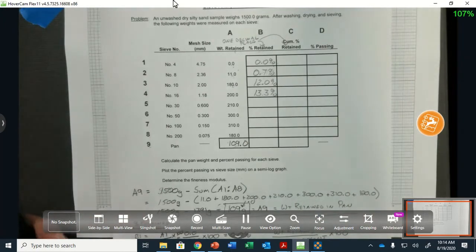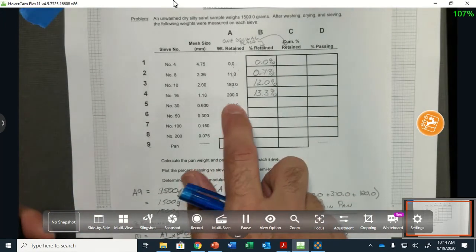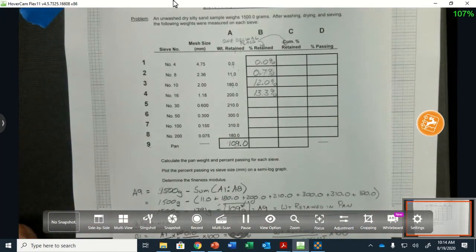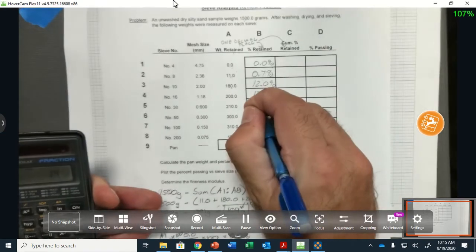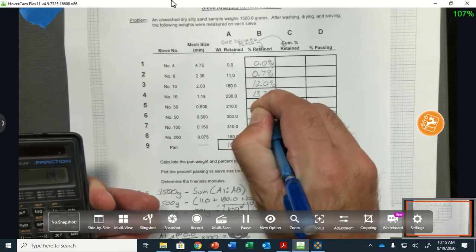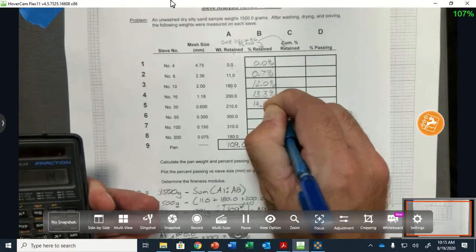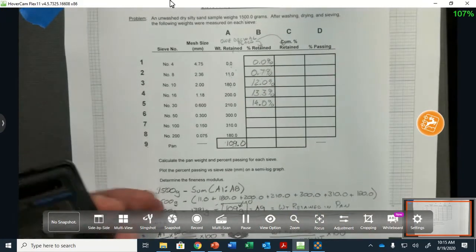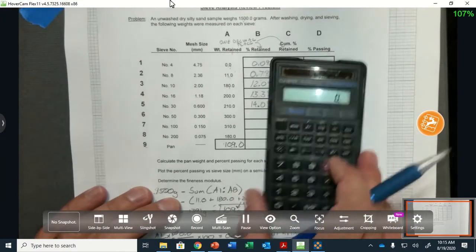Okay. Next one, the number 30 sieve, 210 divided by 1500 times 100. That's 14%. So I don't have any decimal places, but I always want to have one decimal place. 14.0%. Okay.